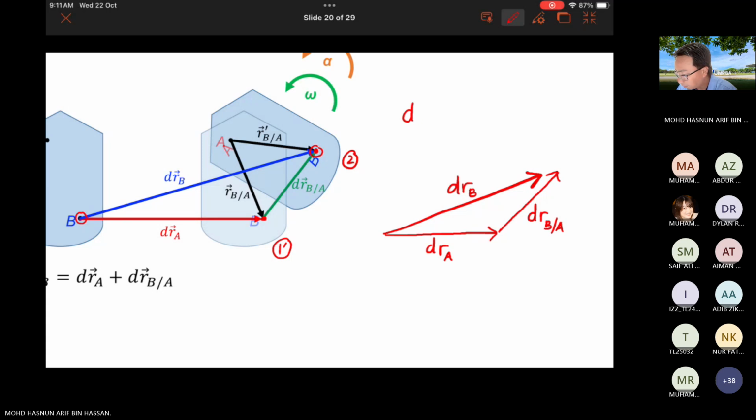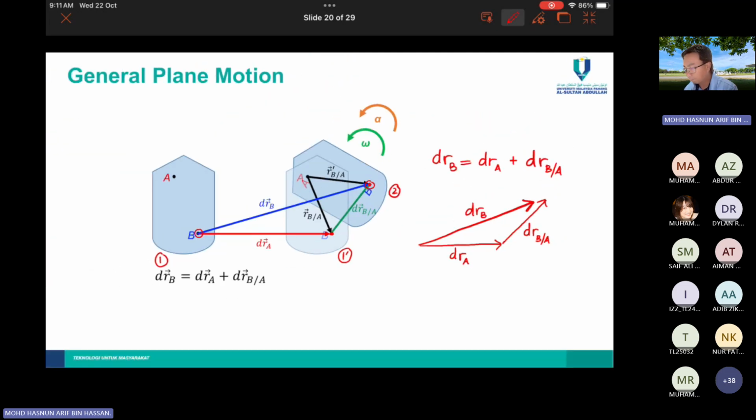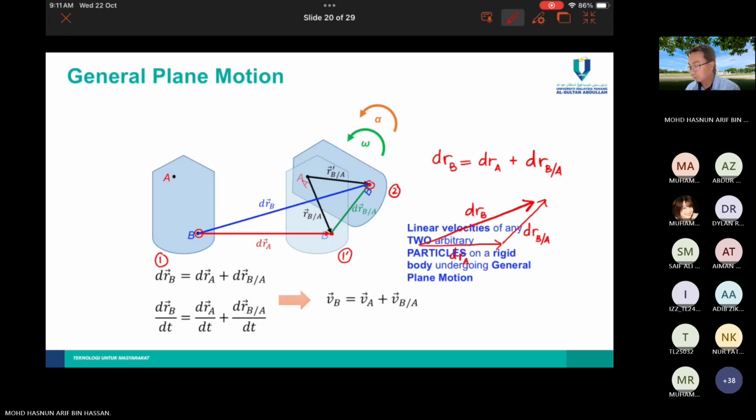So from here, we can write the equation: DRB is equal to the bottom one, DRA plus DRB/A. This is what you get from this vector. So we can then differentiate this over time, which will give us the velocity.